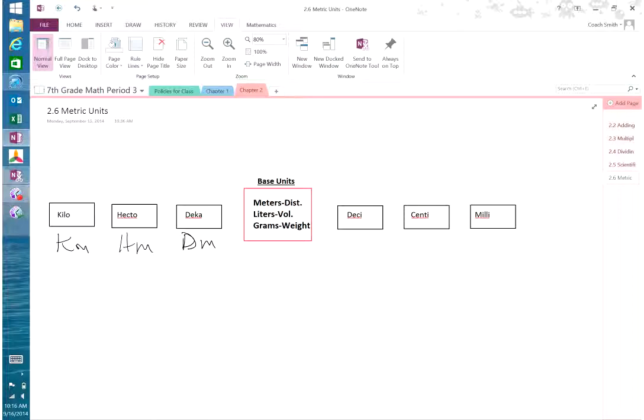That's how the unit gets larger. The further it goes this way, the larger the unit gets. The further it goes this way, the smaller the unit gets.